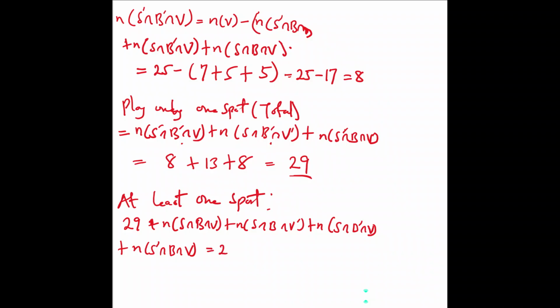So that will be 29 plus 5 plus 7 plus 10 plus 5. If we add them together, 5 plus 5 is 10, 10 plus 10 is 20, 20 plus 7 is 27. So 29 plus 27 will be 56. So the total of students who play at least one sport is 56.